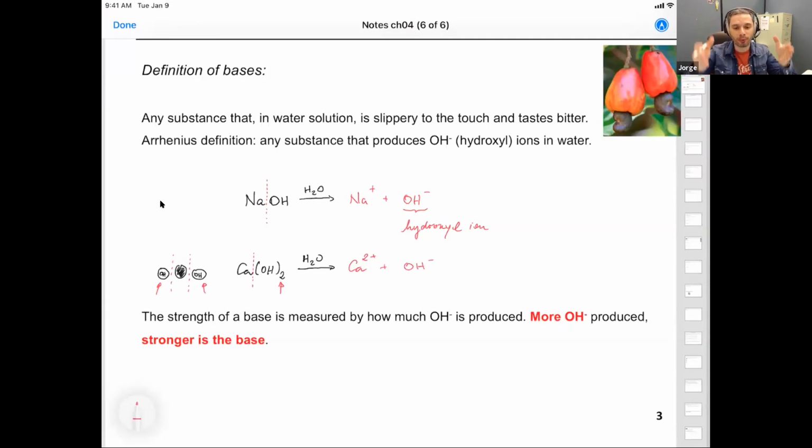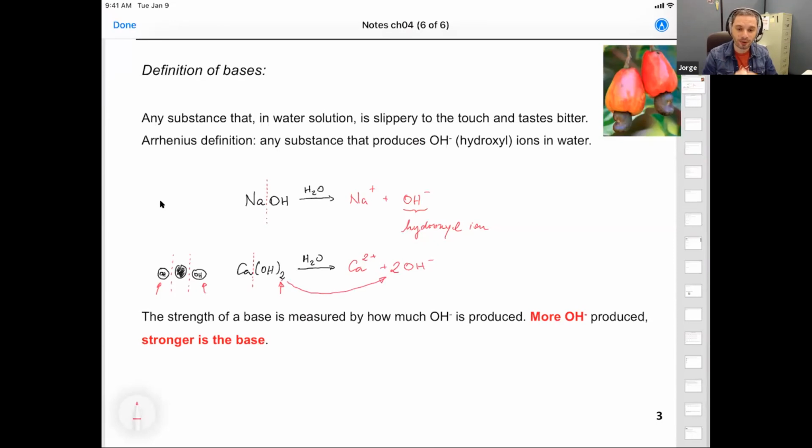Therefore, when we break the interactions, we must have 2 hydroxyl ions at the end. So the index 2 here becomes the stoichiometric coefficient in the products.